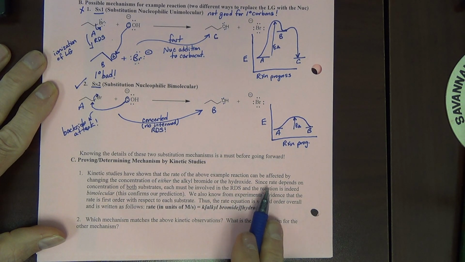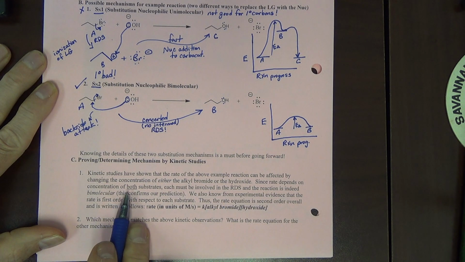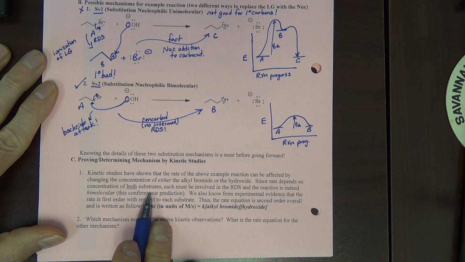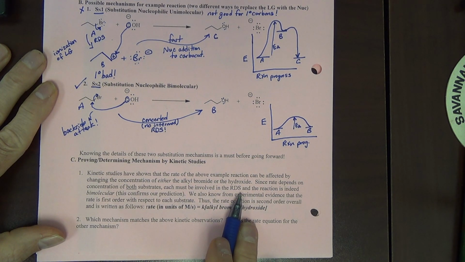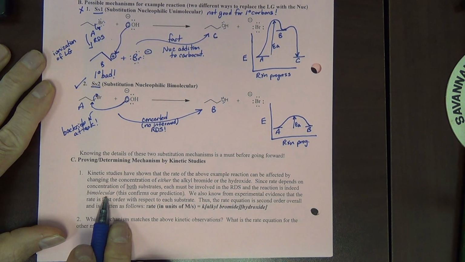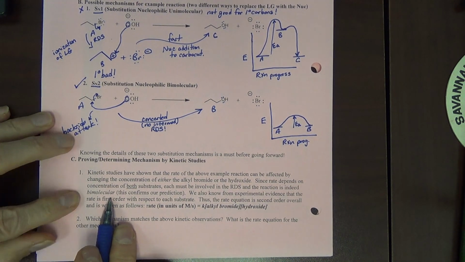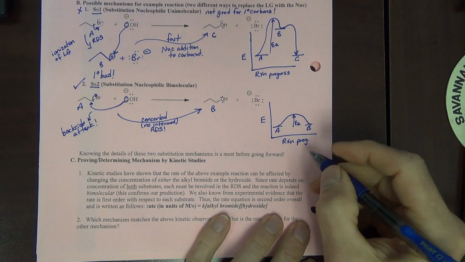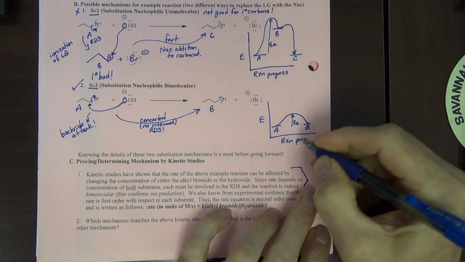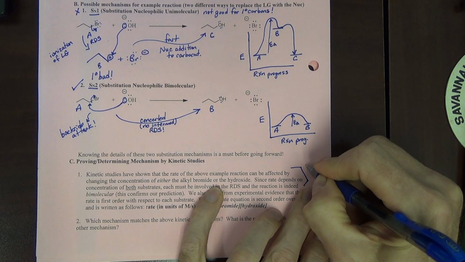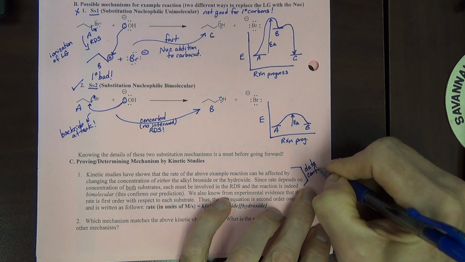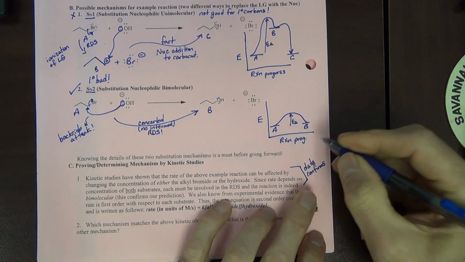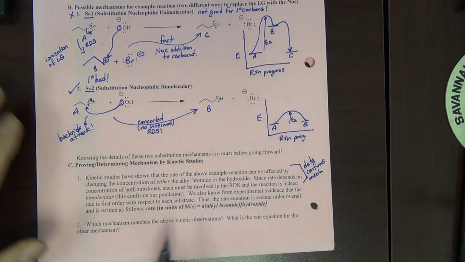Thus, the rate depends on the concentration of both substrates. Thus, each must be involved in the rate determining step, and the reaction is indeed bimolecular. That is, there's data that confirms the mechanism.